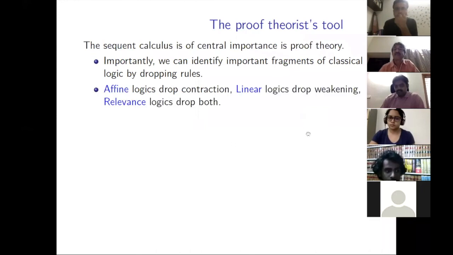For instance, by dropping the contraction rule, you get the so-called affine logics. By dropping the weakening rule, you get so-called linear logics. And by dropping both, you get relevance logics. A whole lot of logics are there. I'm just dropping names here, I know, but to show you that there's a lot of insight into this whole structure.